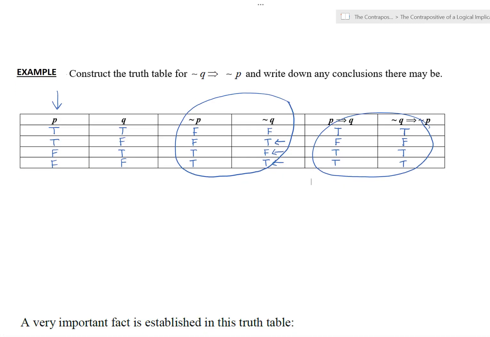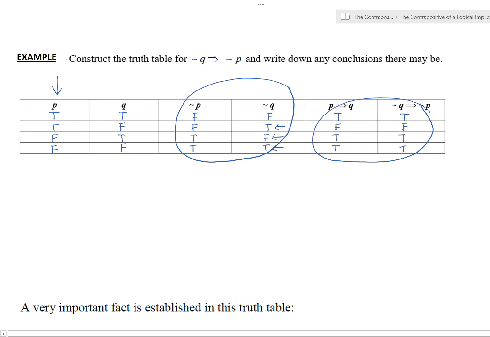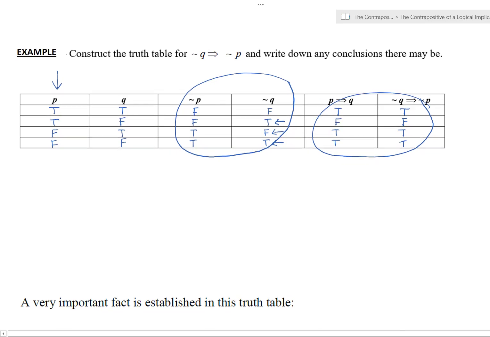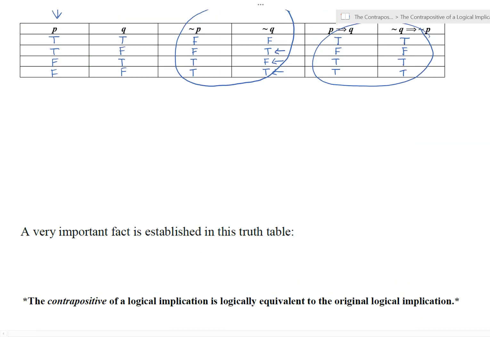What this shows is something really important, and that is that a logical implication and its contrapositive have the exact same truth table. We say the contrapositive of a logical implication is logically equivalent to the original logical implication.